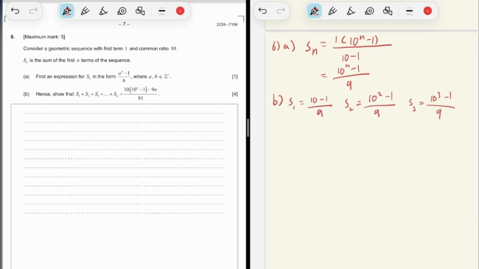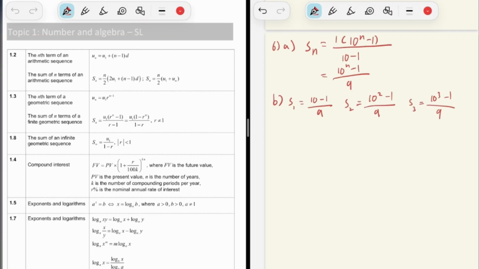So we do want to focus on the numerator instead. And so if we look at the pattern, we could actually use the sum of finite geometric sequences and approach this.